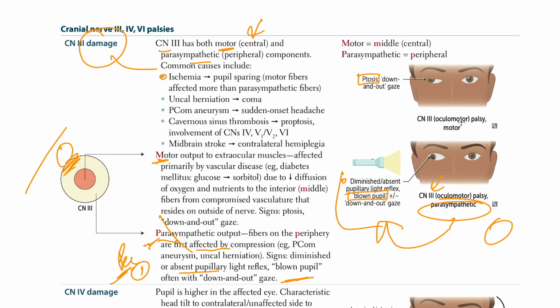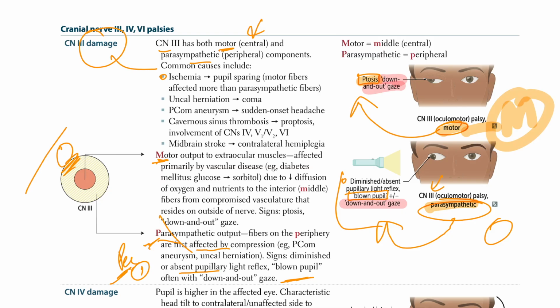With the motor part, you are going to get ptosis. So if you see ptosis, you will think, okay, it's the CN3 motor part out. You will get something similar in both of them. If you look here, down and out gaze, in both you're seeing that. But I'm just talking about something specific for motor, ptosis. And for parasympathetic, which is the periphery, the blown pupil. And remember, the motor is the middle part.